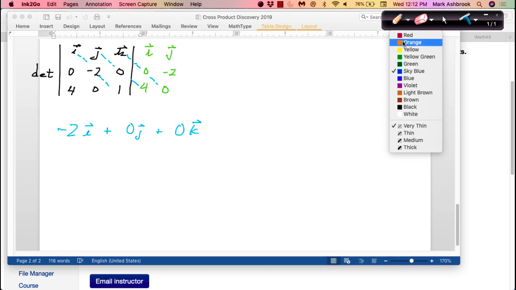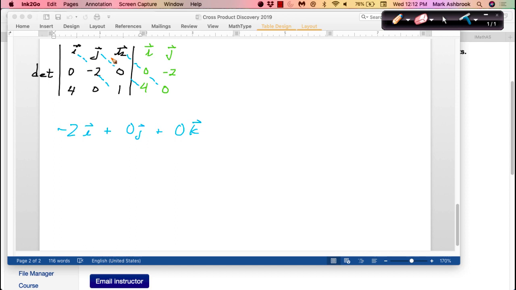So let's see, how about orange? So down to the left, starting with the k, going down this way, and then i going down this way, and then j going down this way. And after you do this a few times, you'll be able to do this without writing down those columns. You can just do it with the original 9 things by wrapping around. But we'll start off by writing them out.